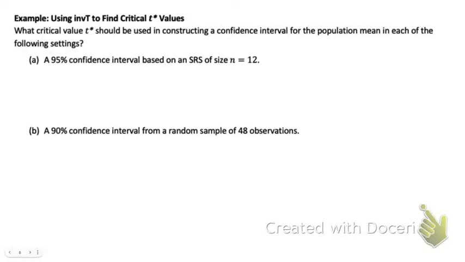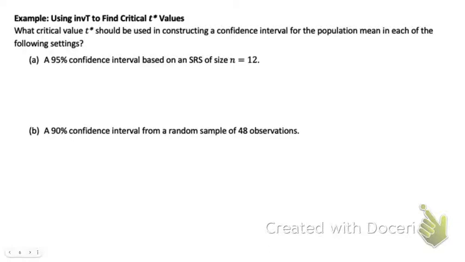Inverse T. Go ahead and go to inverse T. You're going to put in an area of 0.025 because that is still the area of a single tail. But now it wants to know DF. What does DF stand for? Degrees of freedom.